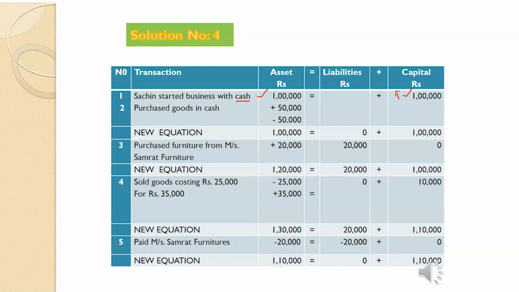Purchase goods in cash, so the stock value increases, asset increases, so add. There are no liabilities here. Cash decreases, stock increases.